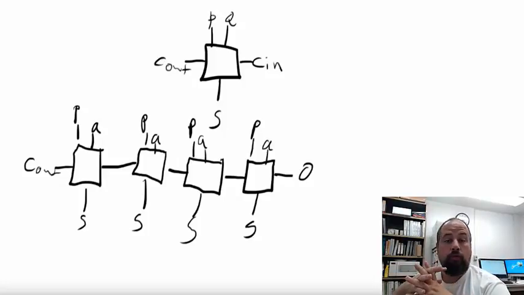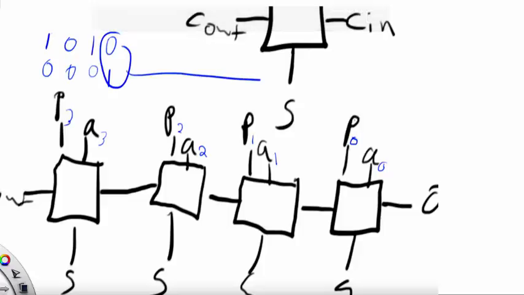I can take two 4-bit numbers, P and Q. So really what I'm saying here is that this is P sub 0 and Q sub 0, P sub 1, Q sub 1, P sub 2, Q sub 2, P sub 3, Q sub 3. So if P was 1, 0, 1, 0, and Q was 0, 0, 0, 1, each of these corresponds to one of these adders here.